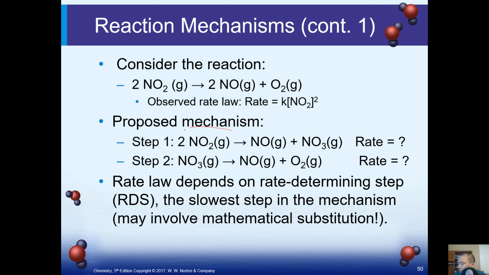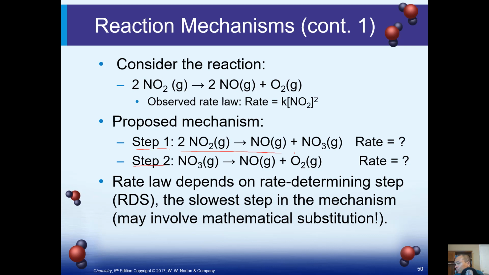Finally, if we add the two steps together and cancel the intermediate species, we obtain the balanced chemical equation. Another point of interest is that we can write the rate laws based on the molecularity of elementary steps, or the proposed stepwise mechanism.